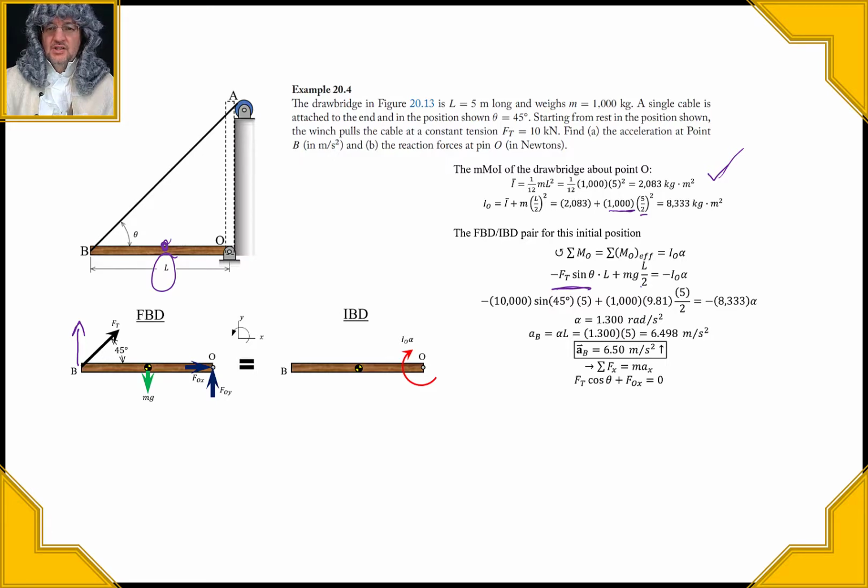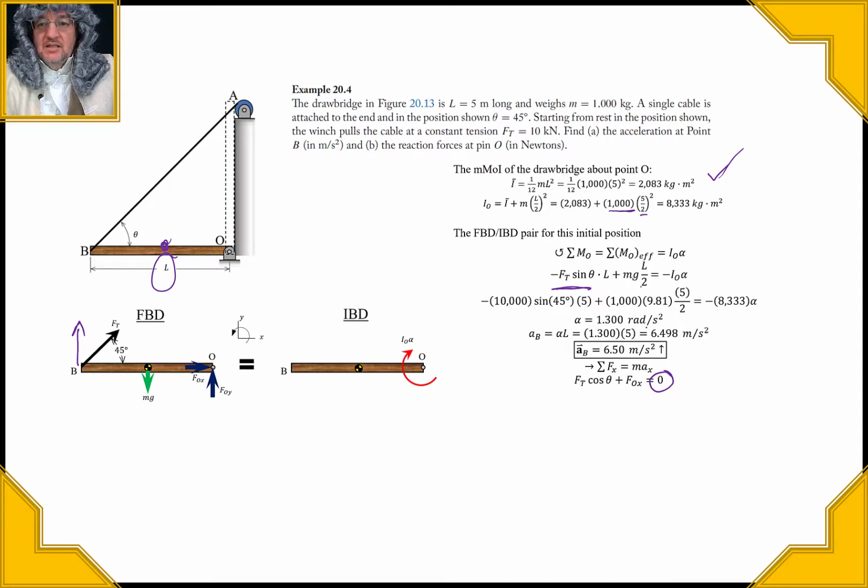Now when we want to do the sum of the forces in the x direction, I have to say that I'm a little concerned about this right here. Okay, well, for one thing, this is true. It is going to be 0 here because in the position shown, there is 0 amount of velocity.